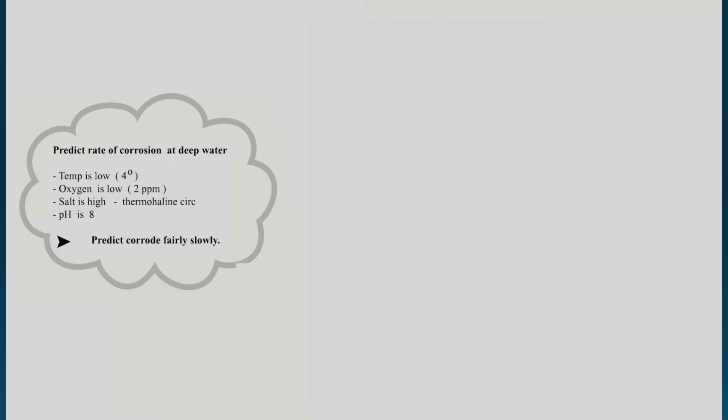So in case it is low in oxygen and at such a cold temperature, remember, cold temperature makes chemical reactions slow down. In that case, rusting should proceed very slowly. And this is what they predict for any deep sea. If a ship sinks down to the deep sea, it should not rust.